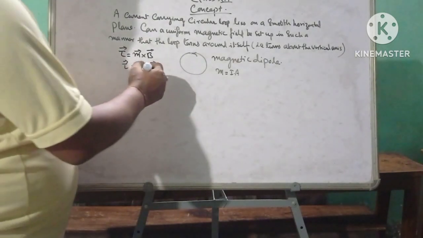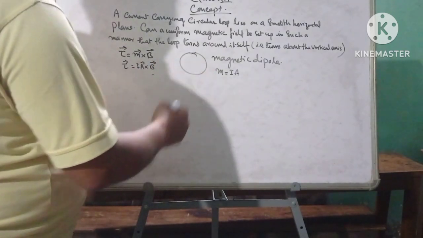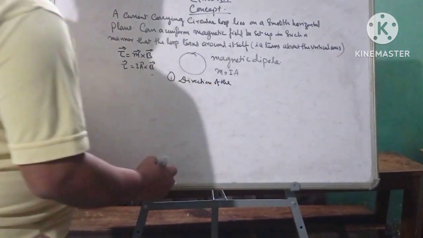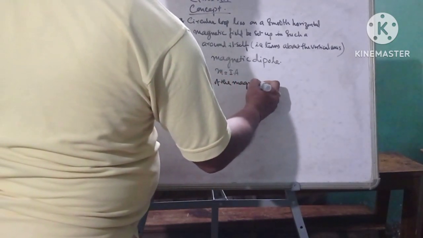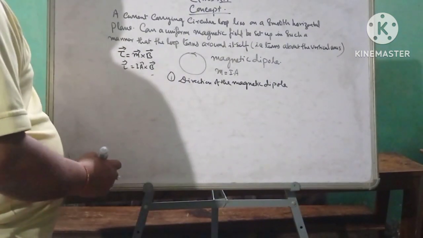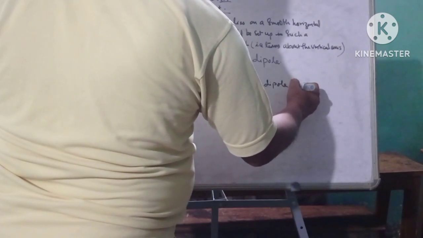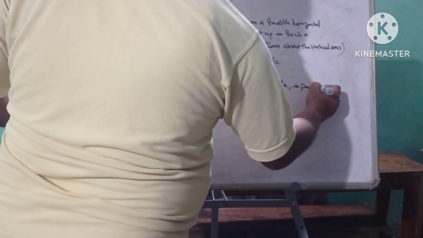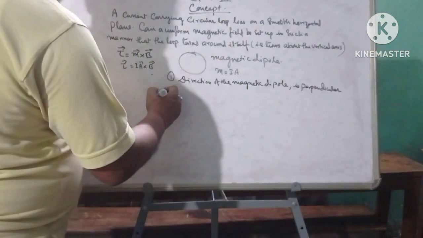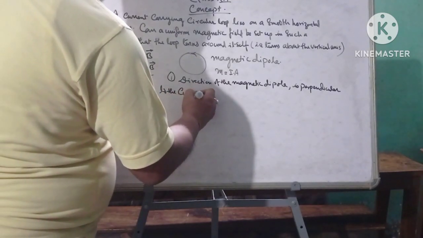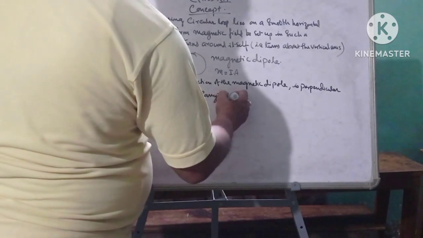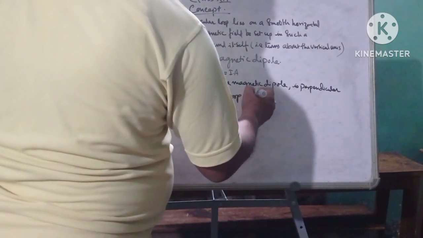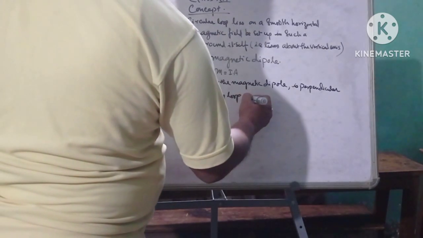So here you see, first, the direction of the magnetic dipole is perpendicular to the current carrying loop, and the loop is in your horizontal plane.